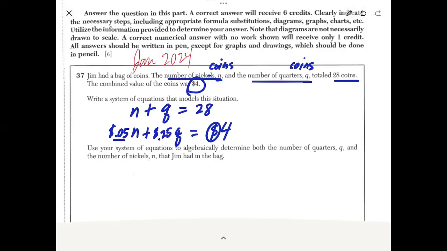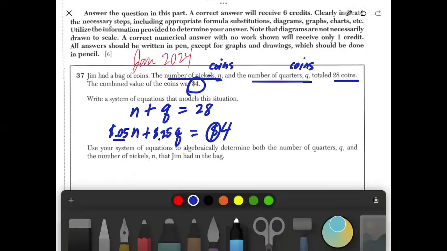Of course, when you enter these, you don't have the dollar signs, but the dollar signs are good so that you understand what needs to go together. In order to add any two items, they have to have the same units.